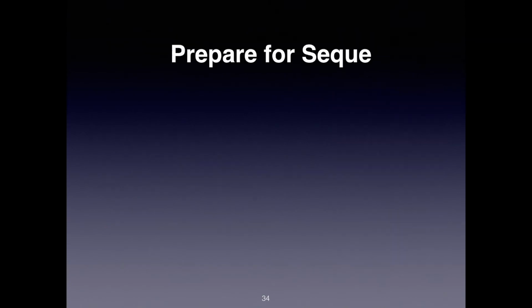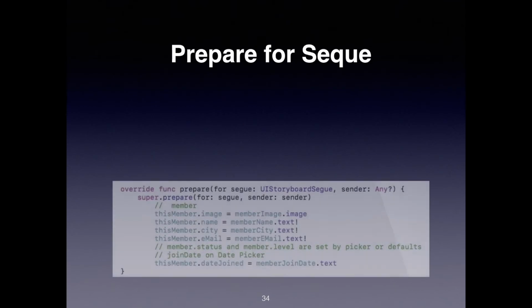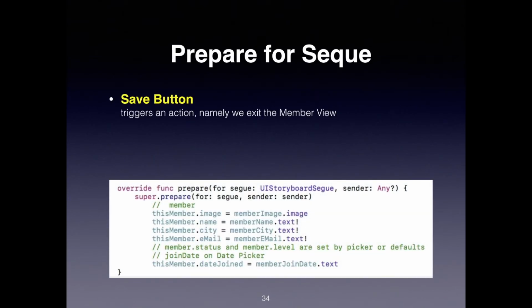Let's just take a quick look at the prepare for segue. And that's going to be right here. It will show when you press the save button, because the segue is connected to the exit button, it knows you're leaving this view. So it goes to a prepare for segue.